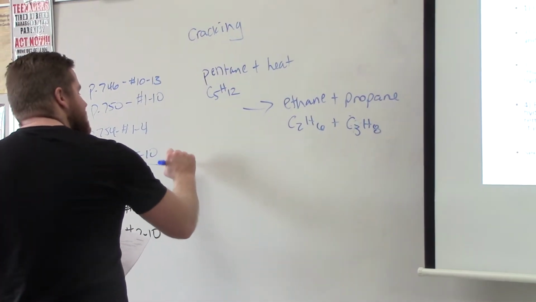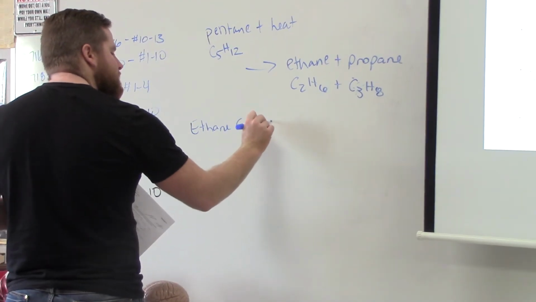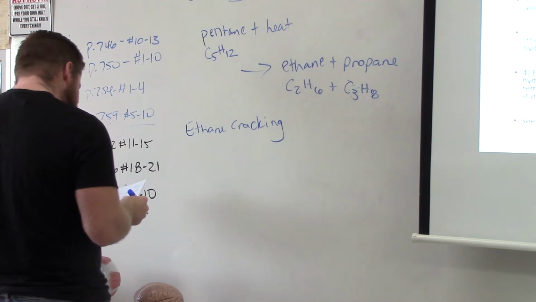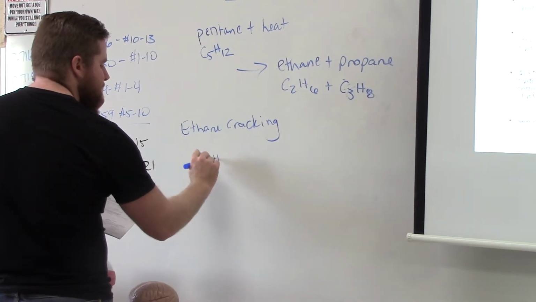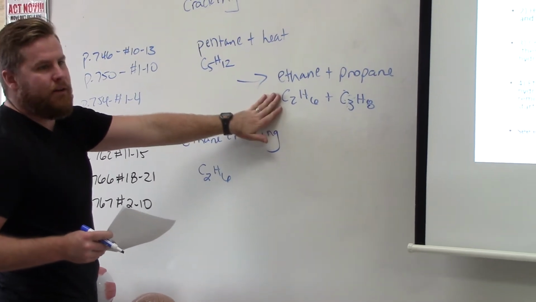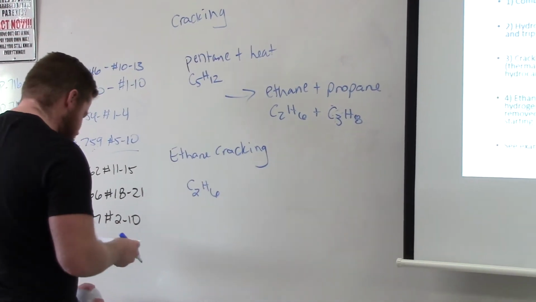And ethane cracking, just to show you what it looks like. I'm going to take C2H6. I can crack a larger hydrocarbon, turn it into ethane, and then ethane crack, which is generally how ethene is made.